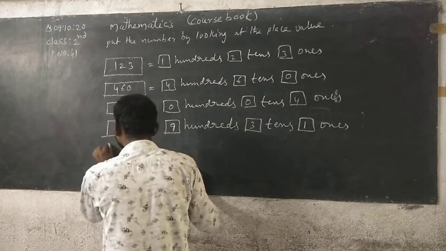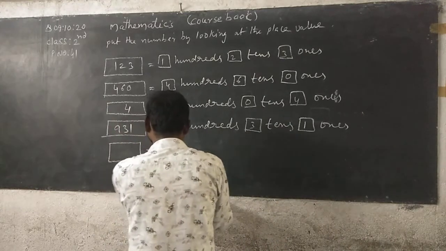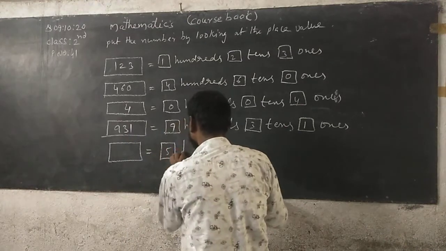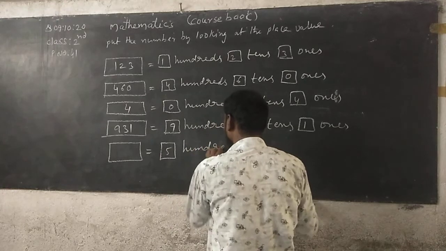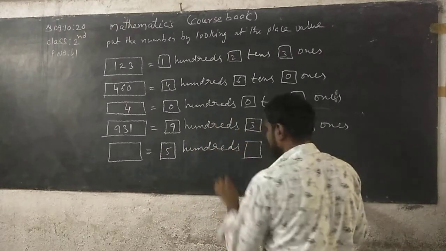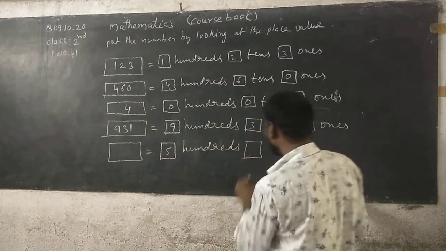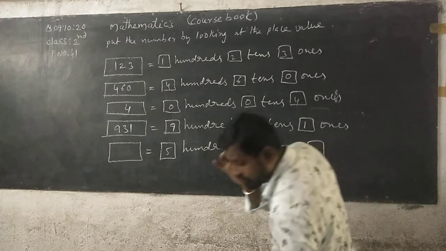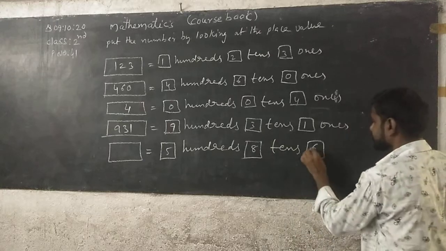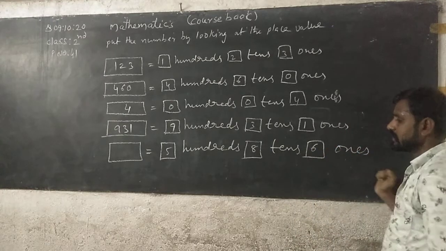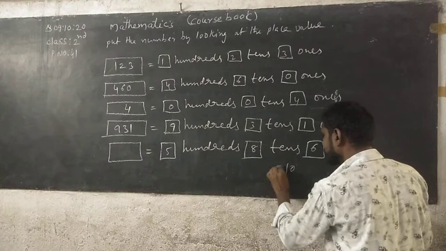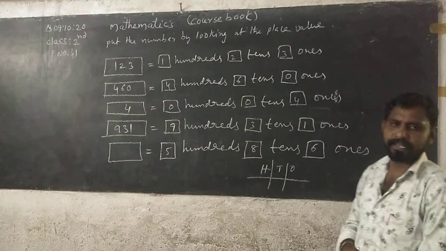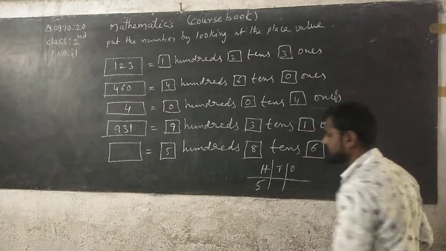Next, 5 hundreds, 8 tens, 6 ones. See here, you can write ones, tens, hundreds. 5 is in hundreds place.